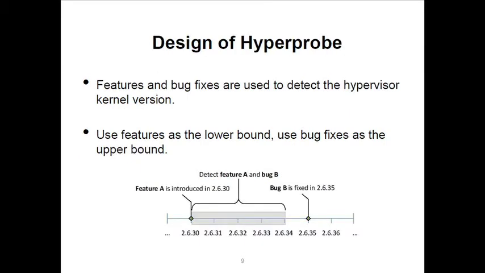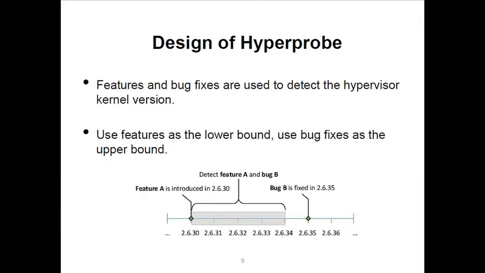This figure shows the design, or the principle, of the Hyperprobe framework. Basically, we use the features and bug fixes to detect the hypervisor kernel version. In this figure, we use the features as the lower bound and bug fixes as the upper bound. For example, assume feature A is introduced in kernel version 2.6.30, and bug B is fixed in kernel version 2.6.35.